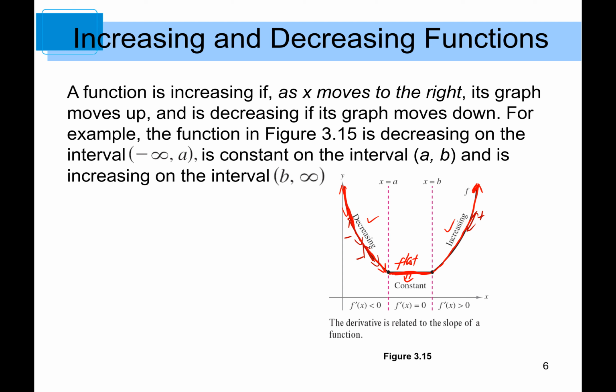So this is all negative, 0 here and positive here. So in this particular example, from negative infinity to a, it's a decreasing interval. And from a to b, it's a constant interval. And from b to positive infinity, that's an increasing interval.